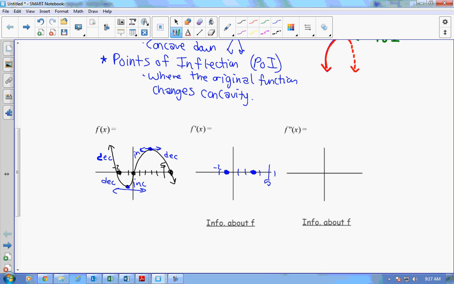When is the tangent line the steepest? Here it is 0, then it goes like this, and then it goes to 0. At the point of inflection, which is approximately right there, the tangent line is the steepest. So what do you think that creates on the derivative?